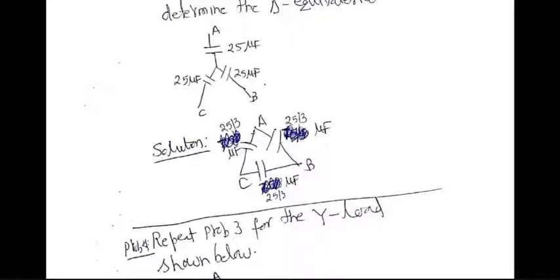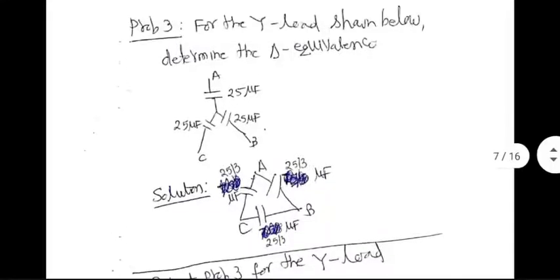In the delta load, if you have got 25 divided by 3 microfarads in the 3 branches, then in the corresponding star load, you'll have 25 microfarad. Because reactance of a capacitor is 1 upon 2 pi fc. So that fact has to be kept in mind. Practice these things yourself.